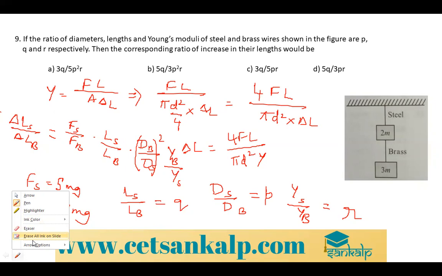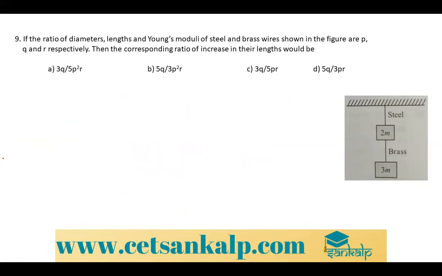The final equation we said is delta LS divided by delta LB, that is equal to FS divided by FB, next LS divided by LB, next dB divided by ds, but this comes under whole square.